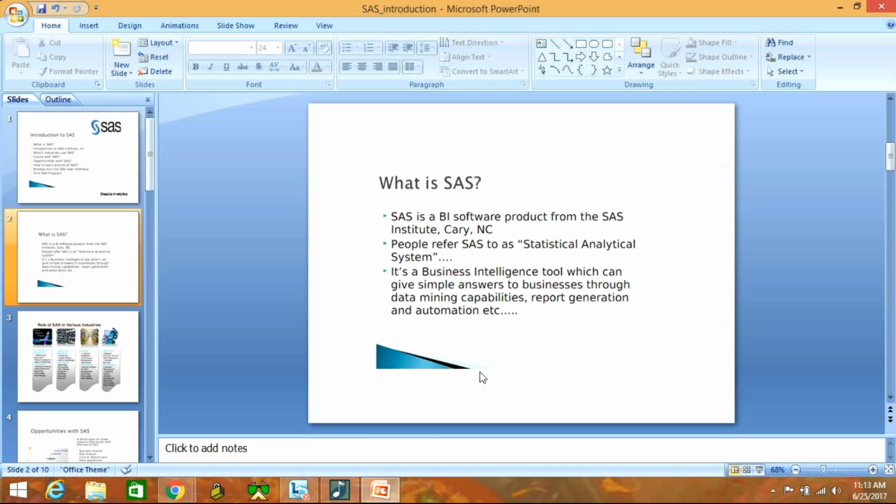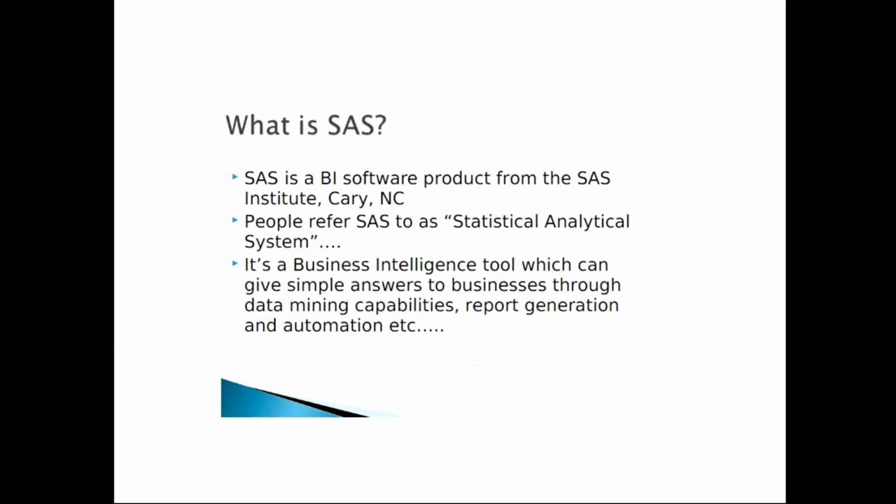and slowly they started building various kinds of packages and tools around SAS. So when we talk about SAS, it is not just one tool or one technology. They have various kinds of tools which we call the SAS product suite. Under that product suite, there are various kinds of tools.